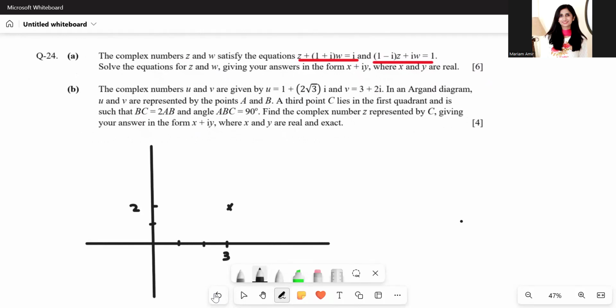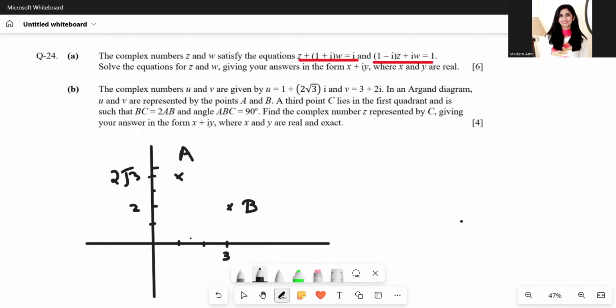This is v, and v is represented by B. So this is the point B. All right. Then u is 1 plus 2 root 3. Now 2 root 3 is something less than 3.5. So this would be 3, this would be 4, so it would be somewhere over here. This is going to be A, and this value here exactly is 2 square root of 3.